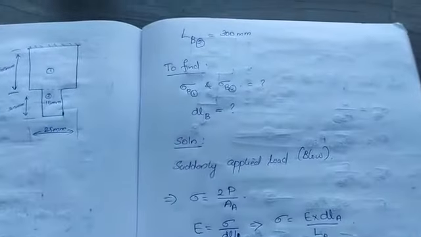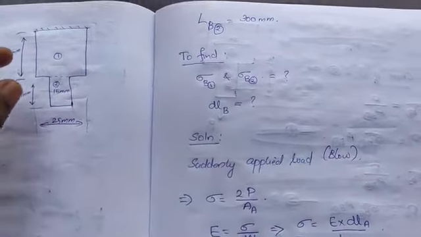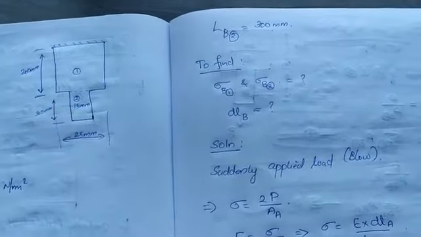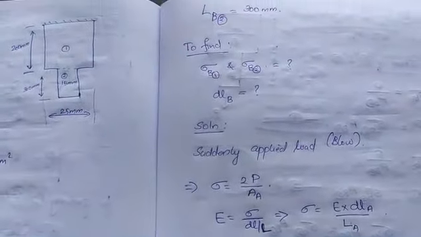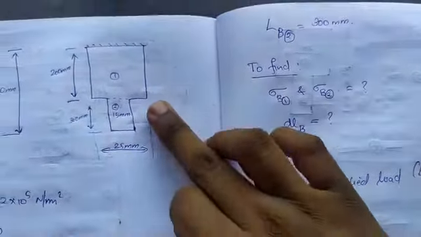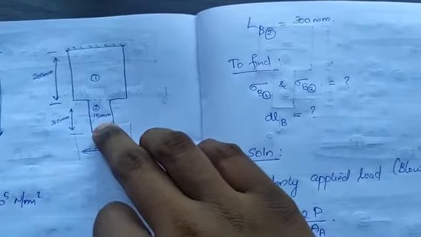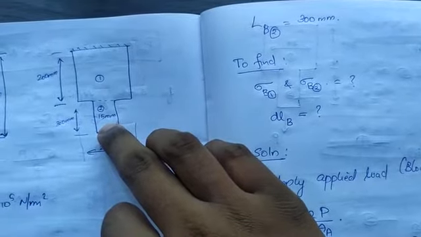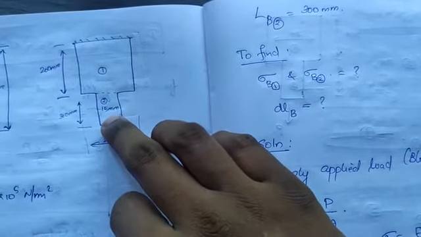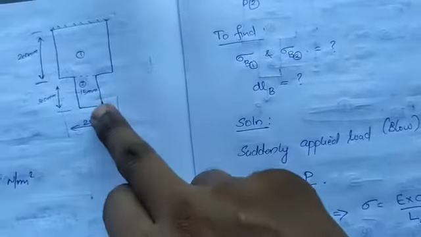The length of the second section of B is 300 mm. There are two sections here. You might know this method from your MOS studies: for composite sections, how will you find the stresses and the elongation?